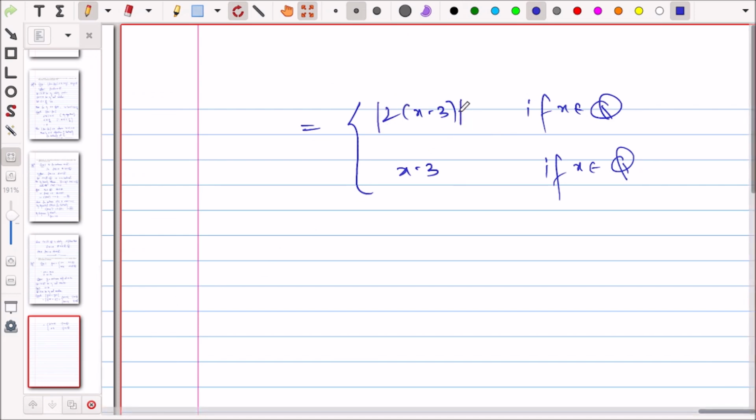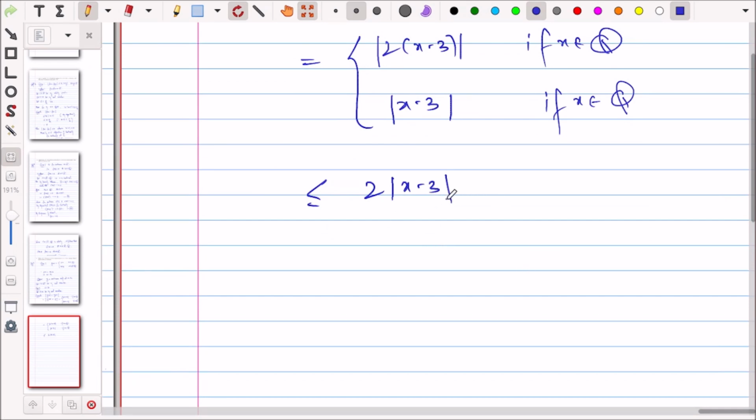Now both the functions are definitely smaller than this, right? Because this is equal to this and this is smaller than this, something positive, we are multiplying it by 2, twice of that. Is it fine?